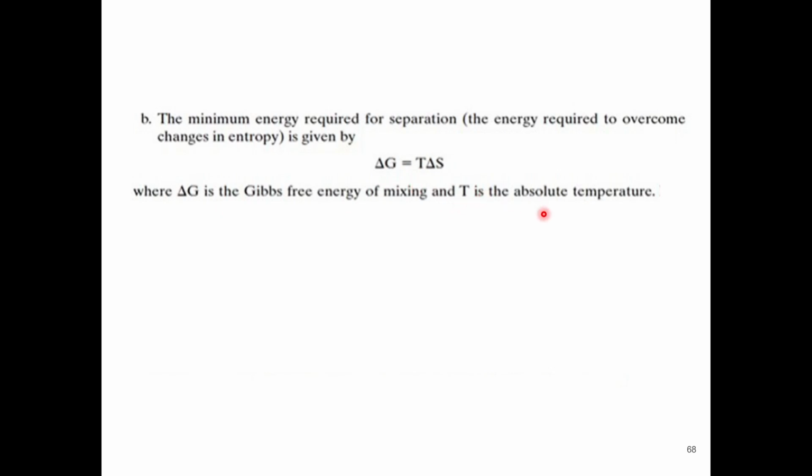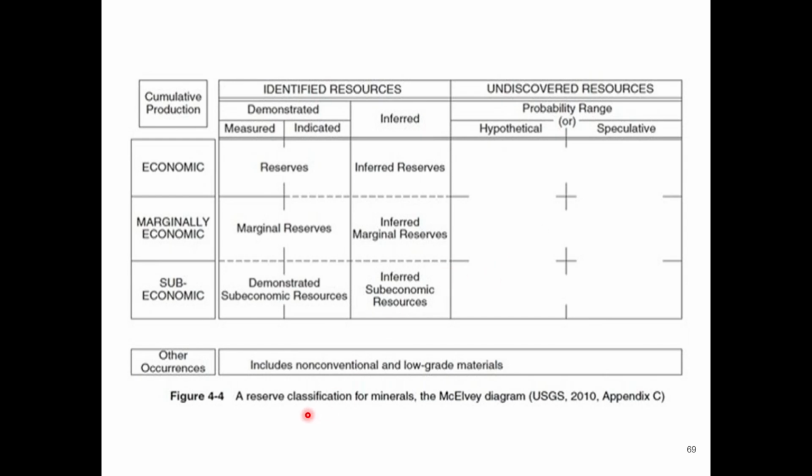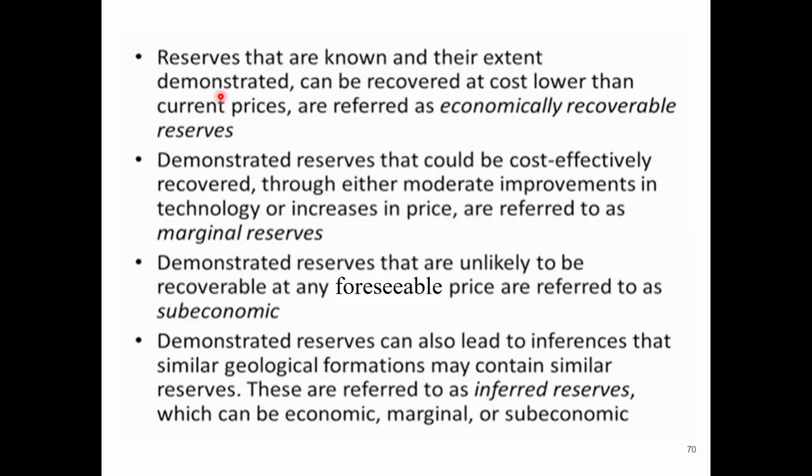So this is a reserve classification for minerals as per the McKelvey diagram. One is identified resources and one is undiscovered resources. And how can they be segregated as economic, marginally economic, and sub-economic? So let us see. Reserves that are known and their extent demonstrated, which can be recovered at cost lower than current prices, are referred to as economically recoverable reserves.